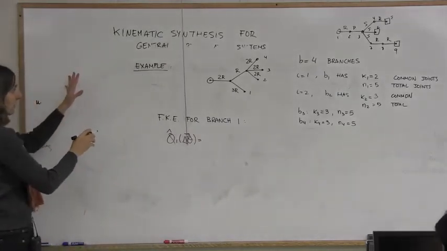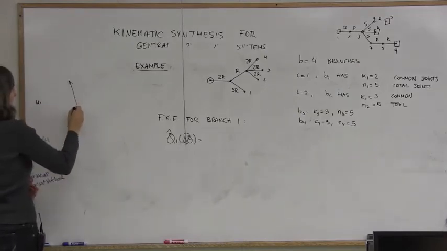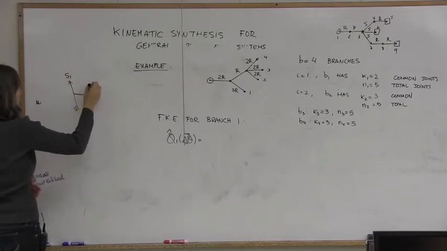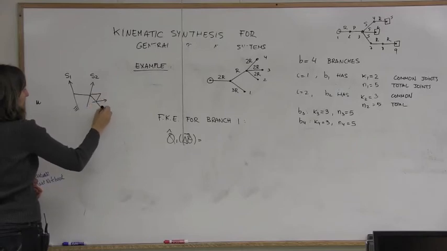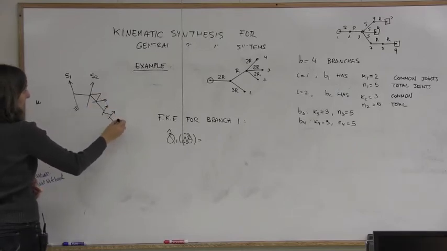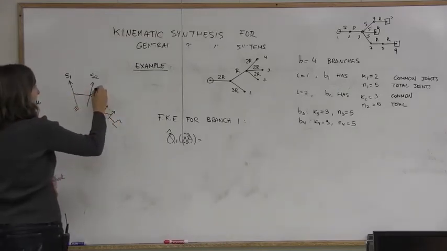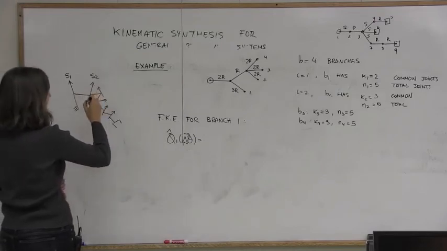Maybe I should do the drawing of the actual system just to give it a little bit of context. S1, S2, and here we have one branch that goes over here, and we have here 1, 2, 3 joints, right? And then one end effector, and this is what we call branch 1. And here we have this one.